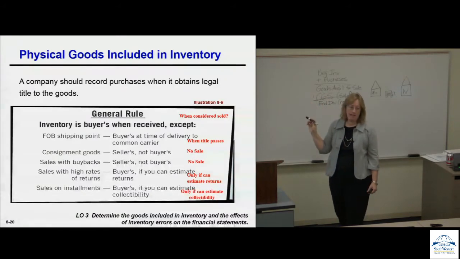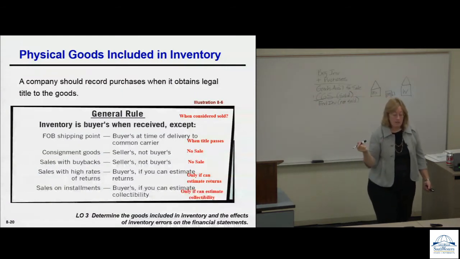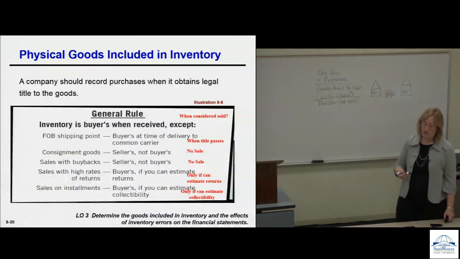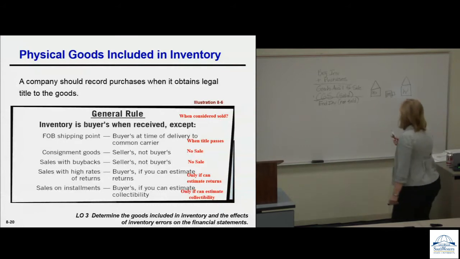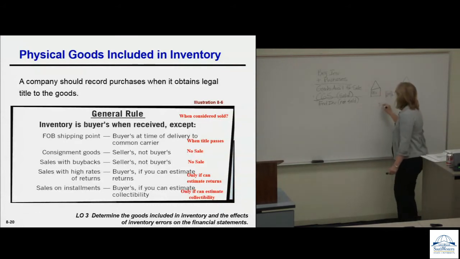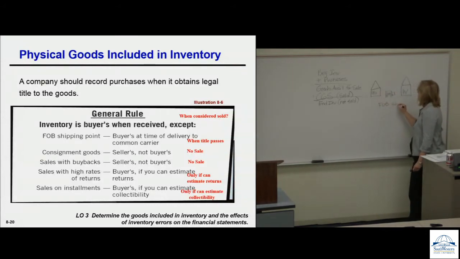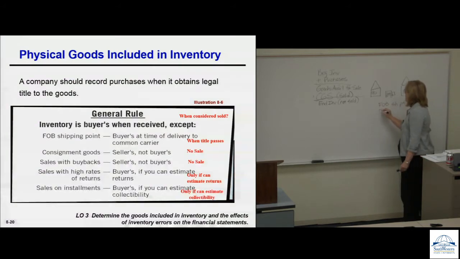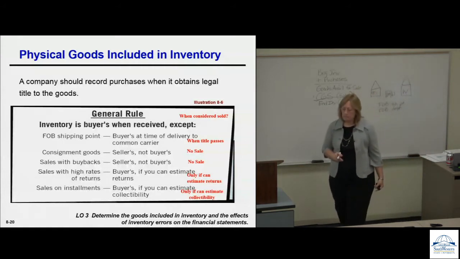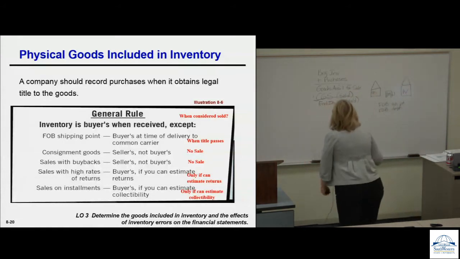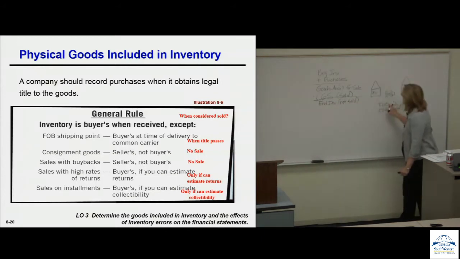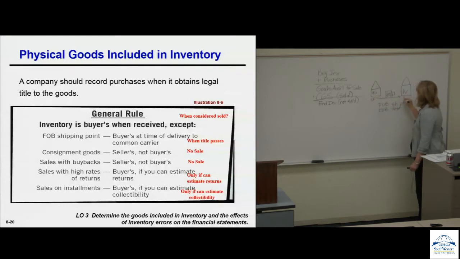So now, surely, we have rules for this, when these goods become ours. Our two options are FOB shipping point and FOB destination. So what does this mean? Under FOB shipping point, the goods are shipped from here to here. This is the shipping point, and this is the destination, right?